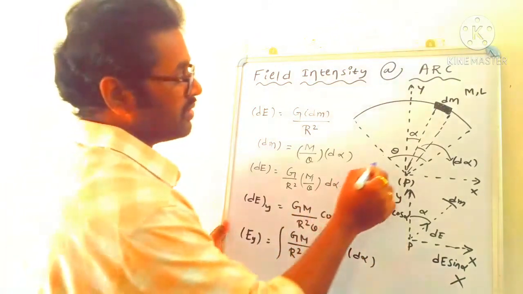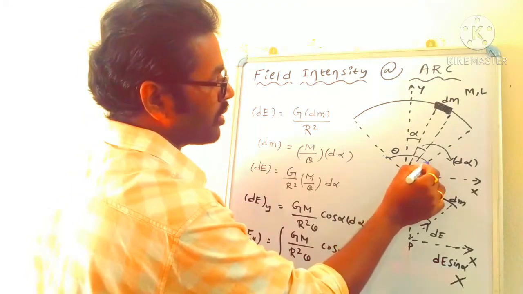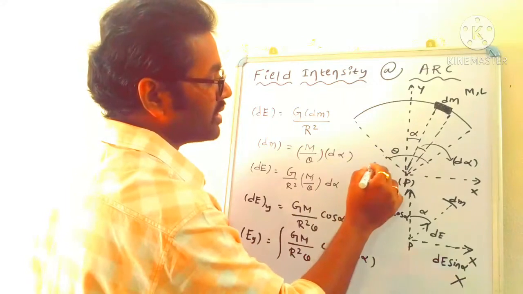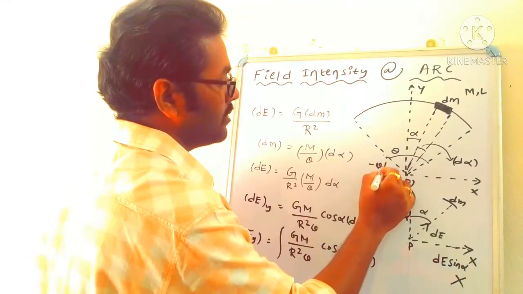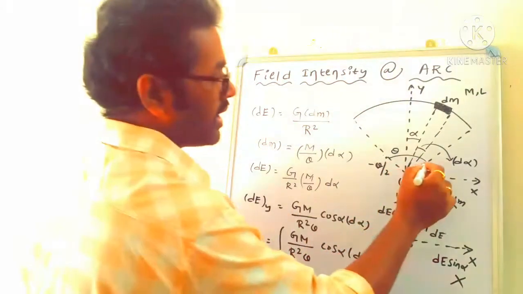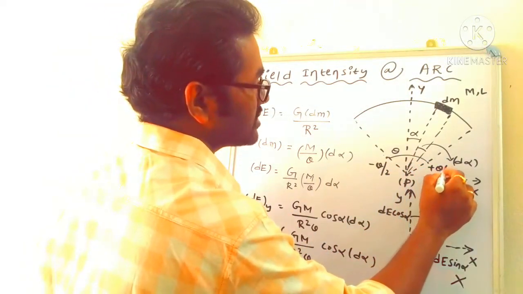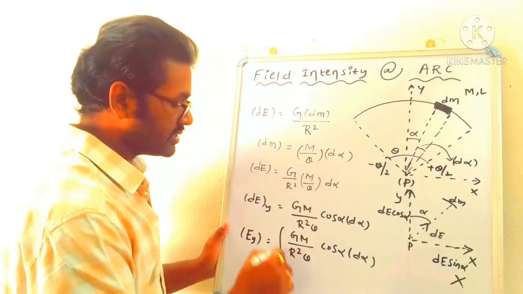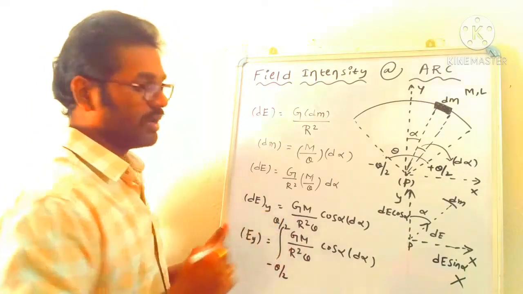And what are the limits? This is the reference line. On the left side we can write it as minus theta by 2 with respect to the y-axis, and this side comes as plus theta by 2. The limits come as minus theta by 2 to plus theta by 2.